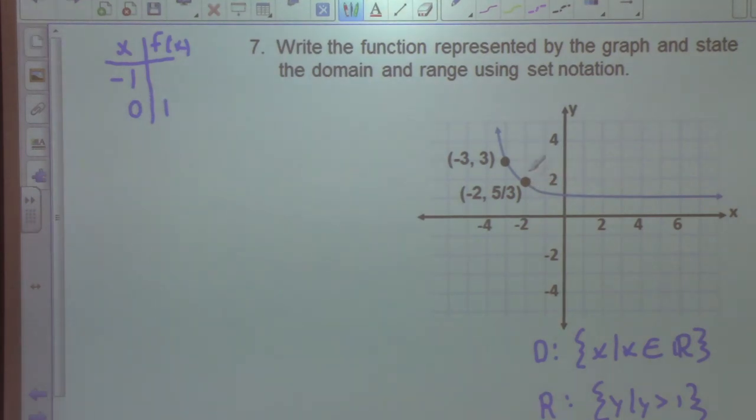This is the 0, 1 translated, and this should help us find out what h and k are, right? So for this one, h is going to be equal to what?